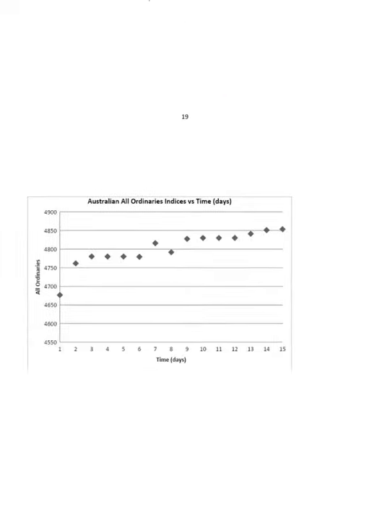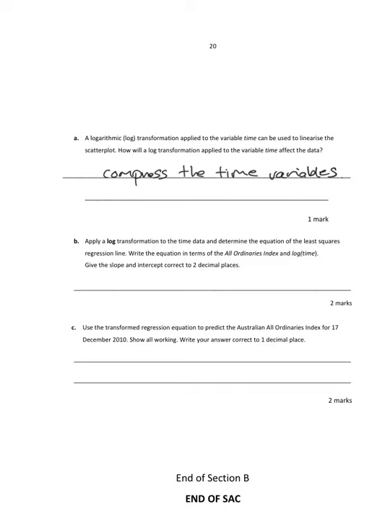Right, so that regression equation, remember, don't put your y and x there. Use the variables. So in place of y, we've got the all odds index. So we've got the all odds index equals, and I'm just starting off with my intercept, so 128.28.